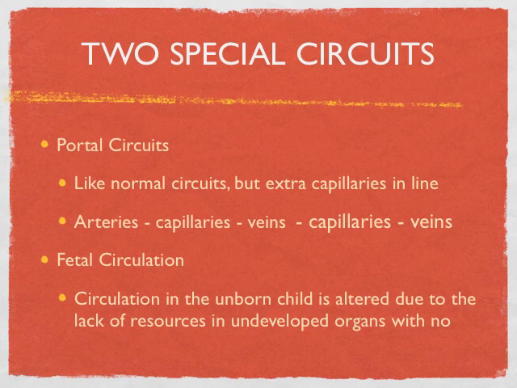So I'm not going to deal with fetal circulation in this lecture. I've got a couple of special lectures on fetal circulation that you're going to do after this lecture.